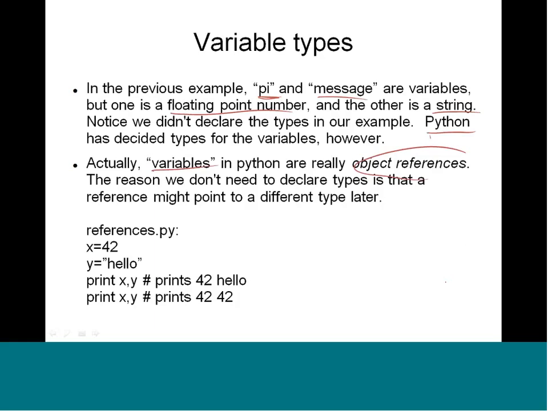So here is one example. X is 42, Y is hello. So print x, y prints 42 hello. But you can also change this type.